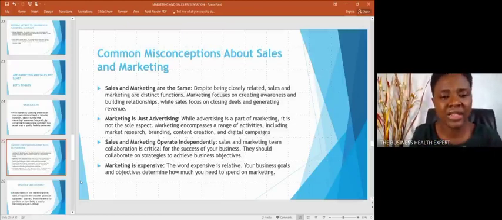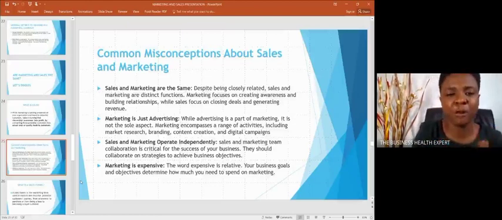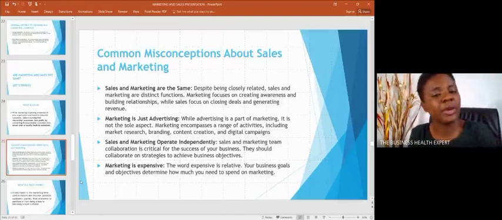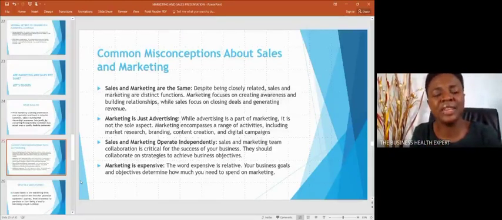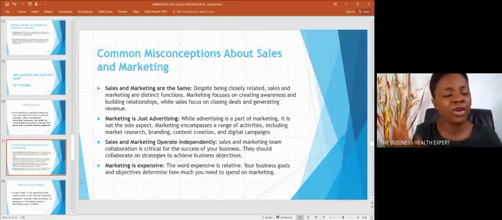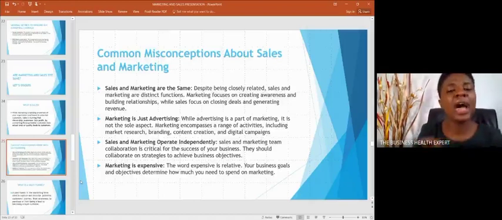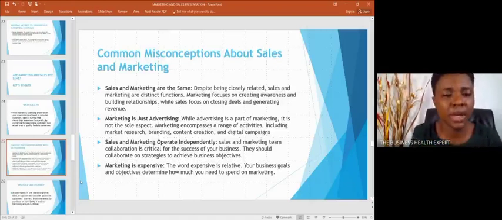Despite being closely related, they have different functions. Marketing focuses on creating awareness and building relationships, while sales focuses on closing deals and generating revenue. All the things your customer rep, your sales rep will do, receiving their calls, processing their orders, ensuring that the logistics delivers it in time, and all of those things is what sales is all about.